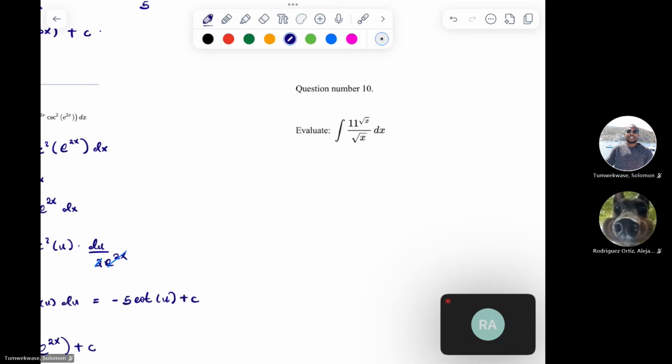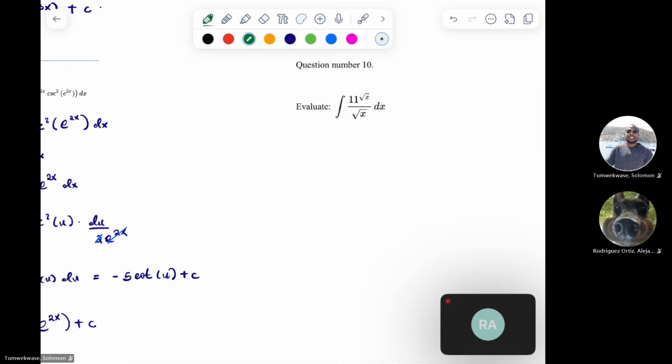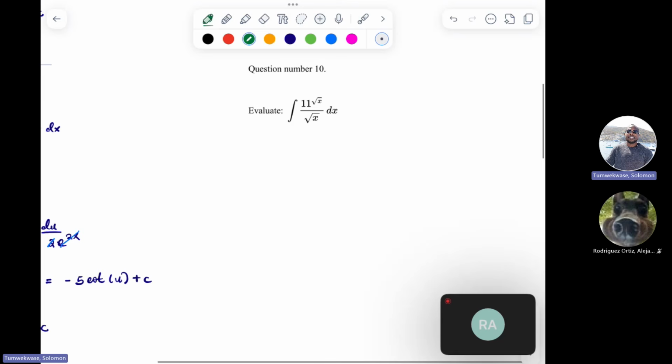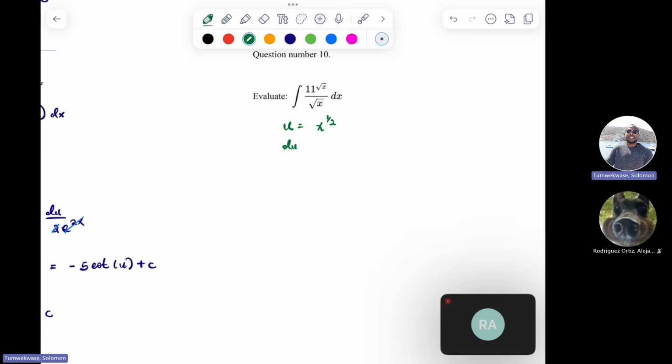Okay. Question 10, same thing. You just have to know which one you're going to let, or how you're going to do your substitution. So I will let u be equal to square root of x, but square root of x, let me write it as x to the power half. So when I differentiate both sides, my du will be 1/2, then x to the negative 1/2, then dx.